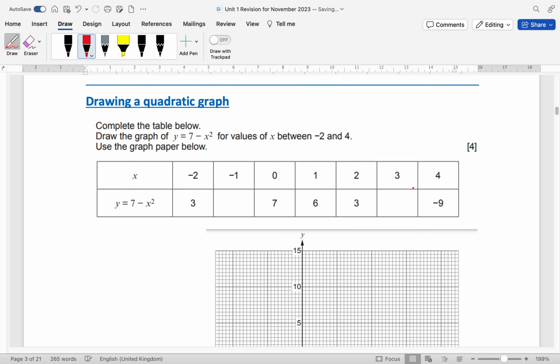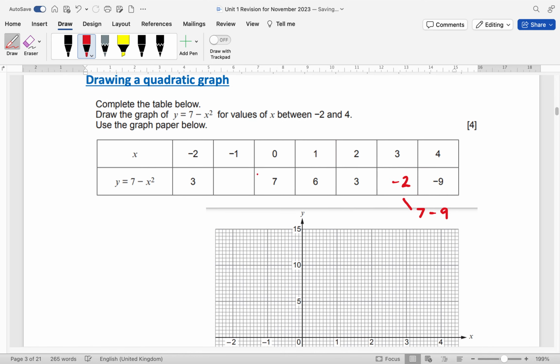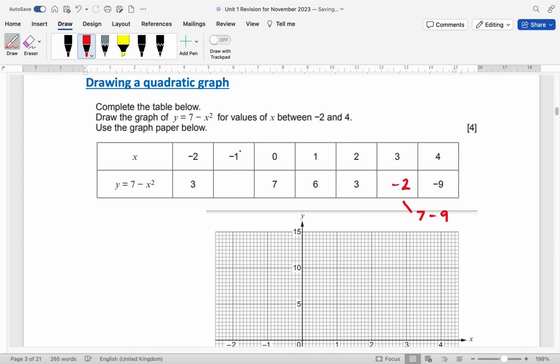All right. Be really careful with squaring negative numbers, okay? 3 squared is 9. So this is 7 take away 3 squared, which is 9, so -2, okay? However, -1 squared is +1.